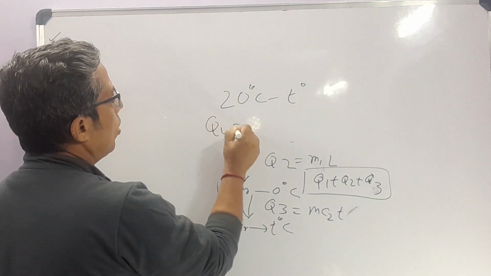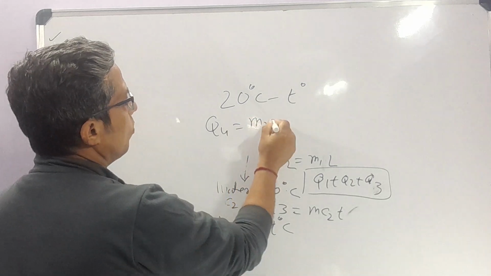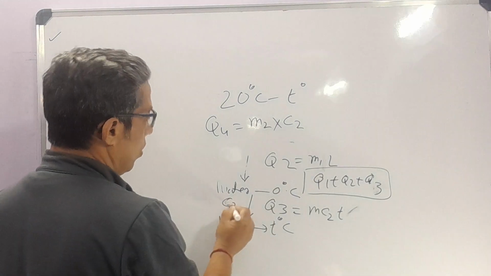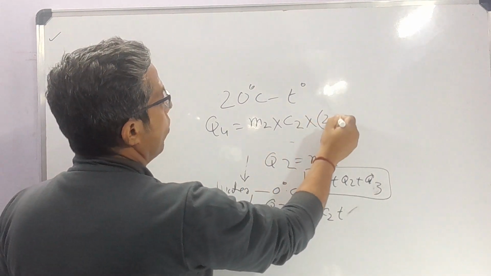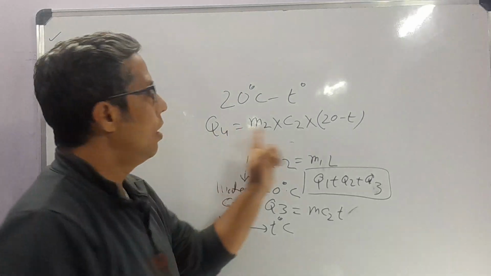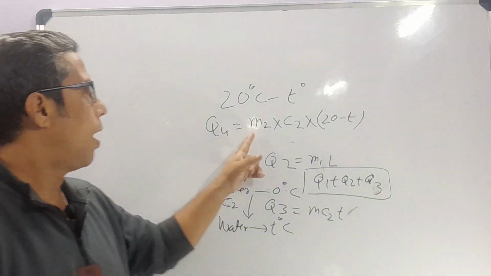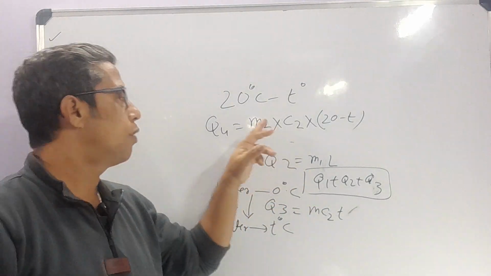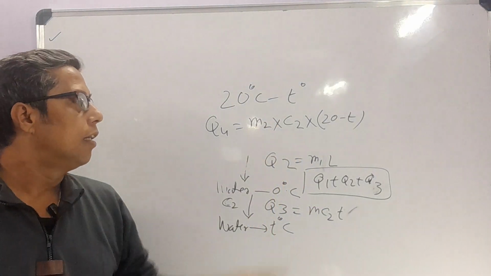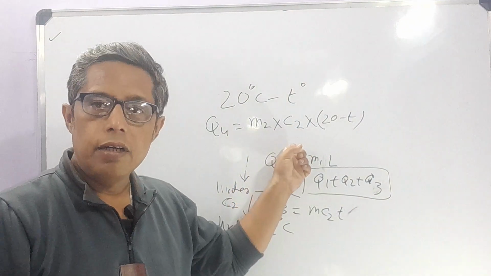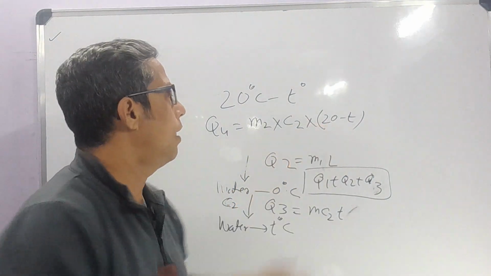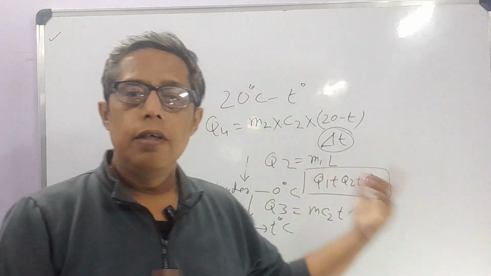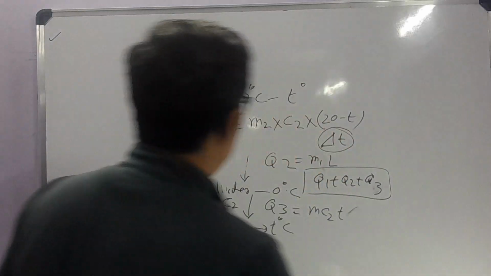So Q4 of water will be M2, the mass of water, multiplied by the specific heat of water, C2, and multiplied by 20 minus T. So this is Q4, where M2 is the mass of water, C2 is the specific heat capacity of water, and delta T is the change in temperature from 20 to T.